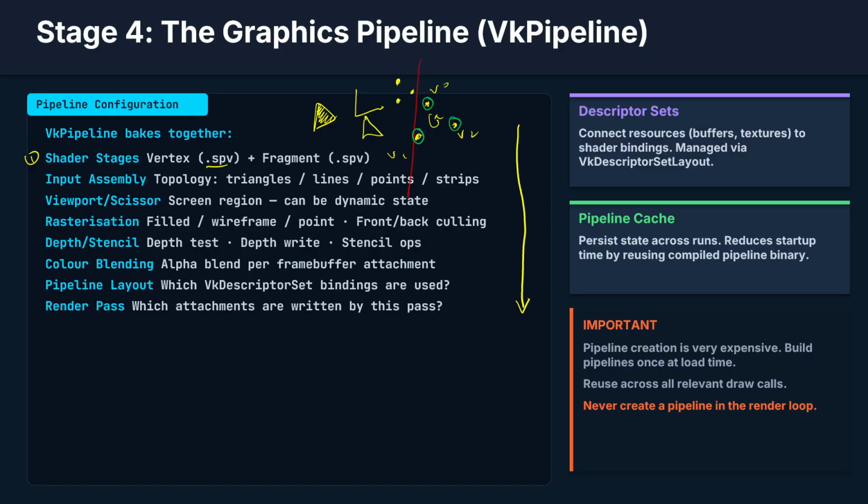Finally we have the pipeline layout. The pipeline layout tells which resources, and when I say resources, it means descriptor sets, are connected to the shaders. The descriptor sets are the interface between your shaders and your resources, which are your buffers and images.